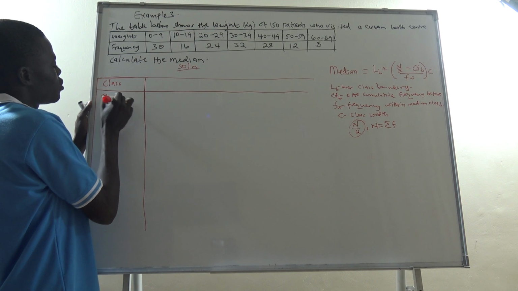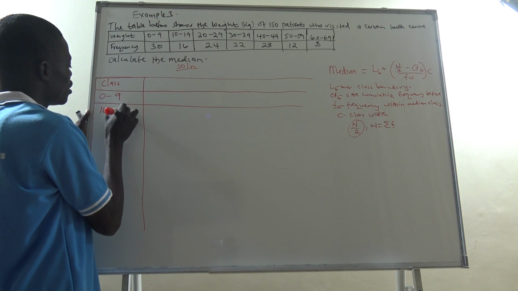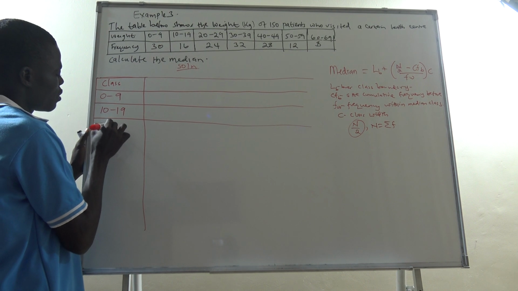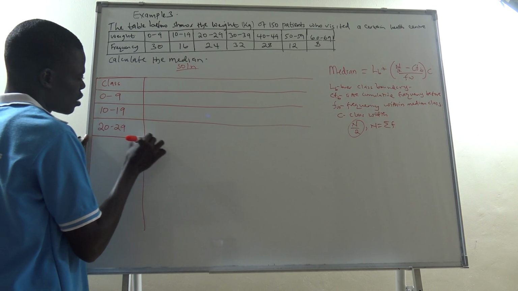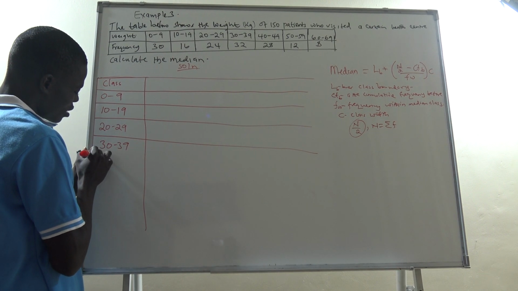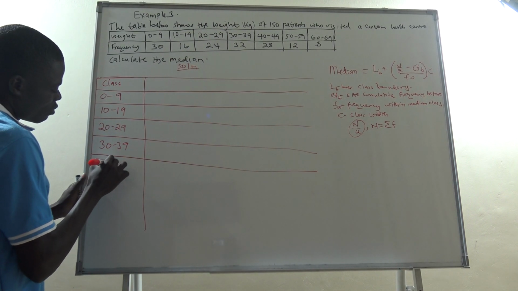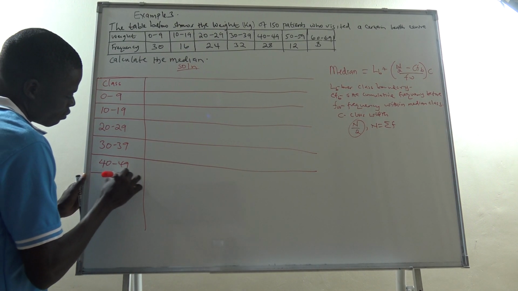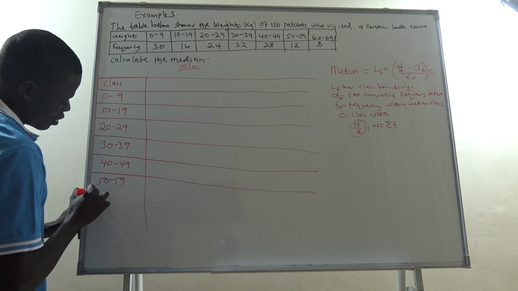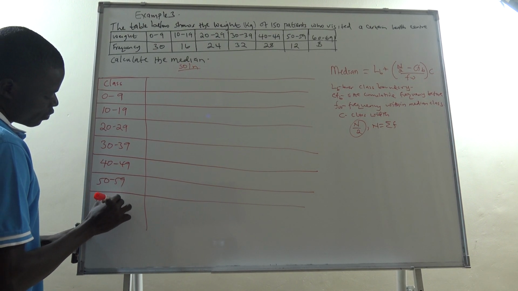So our class is from 0 to 9, then 10 to 19, then 20 to 29, then 30 to 39, then 40 to 49, 50 to 59, then 60 to 69.